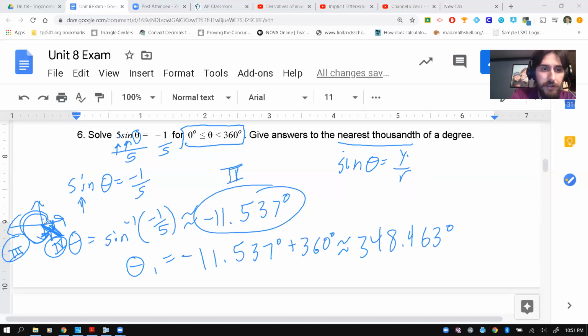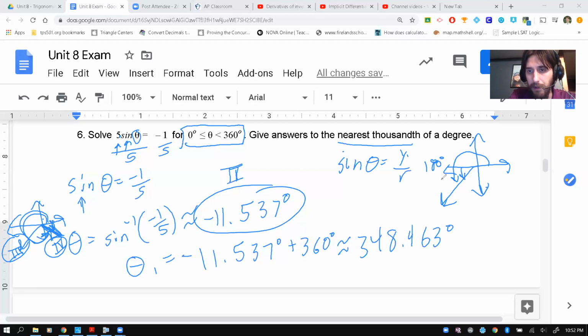To find the answer in quadrant 3, all right, let me draw a new picture over here so you can see that. To find the answer in quadrant 3, what I have to do is find this angle here, which is going to be 180 degrees plus whatever this little bit here is after I pass the x-axis.